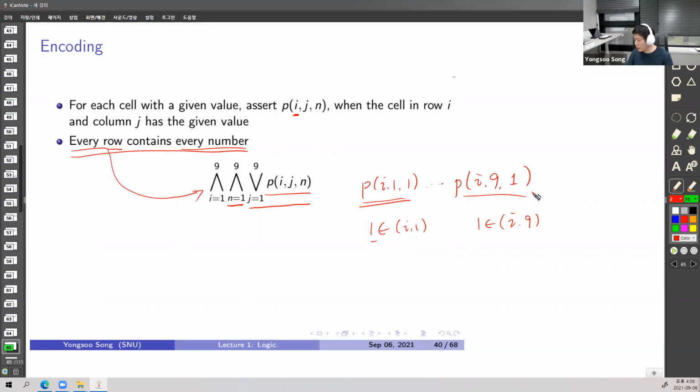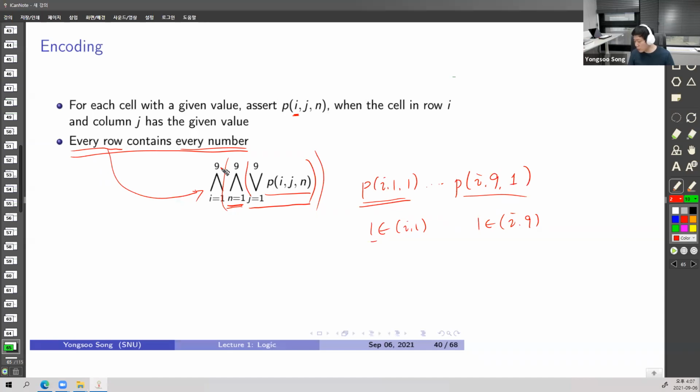To represent this, we use this OR operation because we just need at least one proposition to be true. And this should be true for all n from 1 to 9, so here we use an AND operation. And again, this should be true for all rows from 1 to 9, so we have another AND operation here.